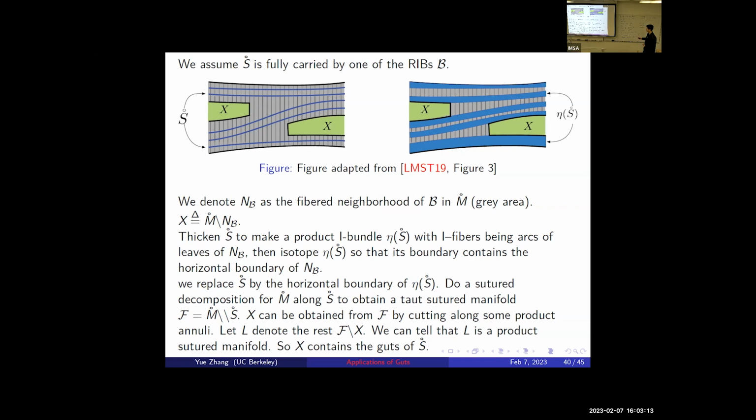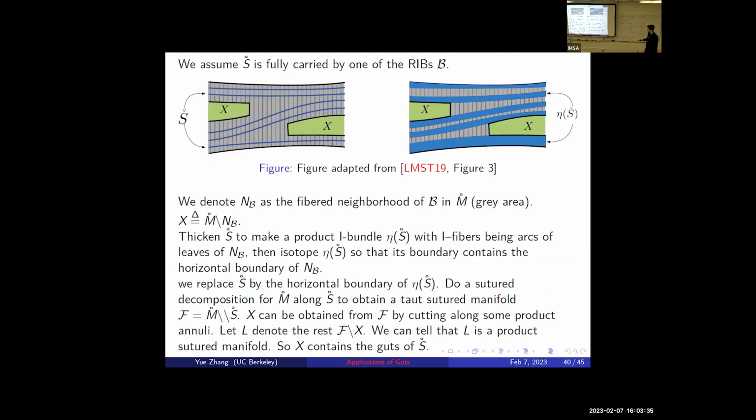We call the rest, F minus X, L. And you can see L is actually a product sutured manifold, which is trivial. And so X contains the guts of S circle.